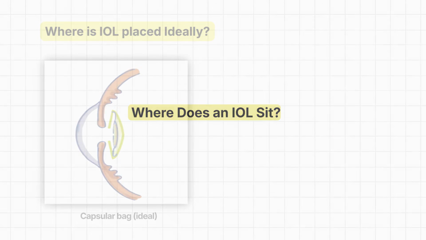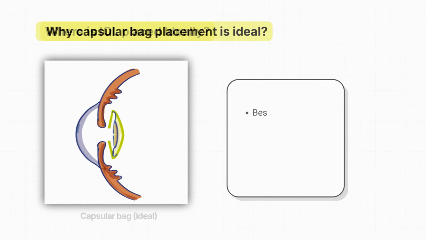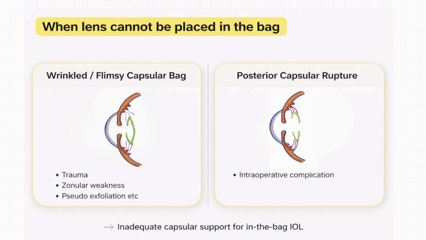In modern cataract surgery, the ideal position for an IOL is inside the capsular bag in the posterior chamber. This location provides the best optical alignment, long-term stability, and biocompatibility. However, there are situations where the capsular bag may be compromised due to trauma, zonular weakness, or an intraoperative complication.